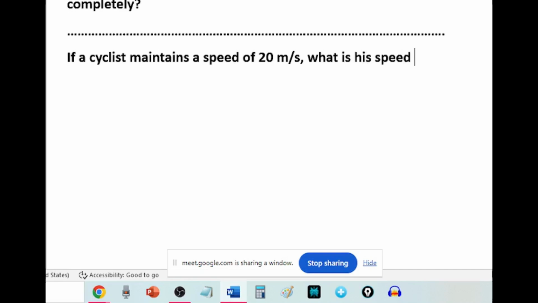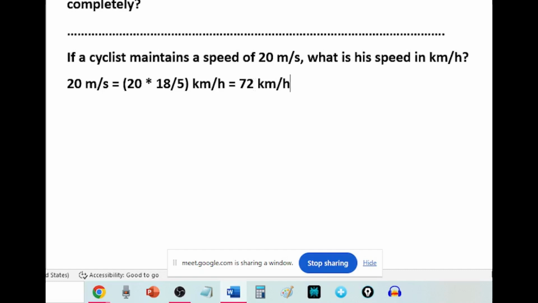Tell me what I will do. 20 into 18 by 5. 5 will go 4 times. 5 4s are 20. So 4 into 18 will be 72. 72 kilometer per hour.